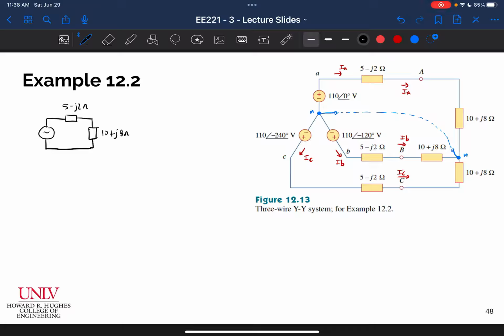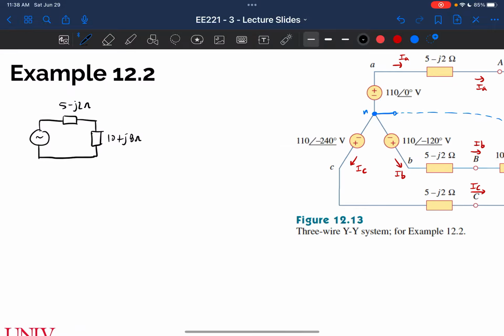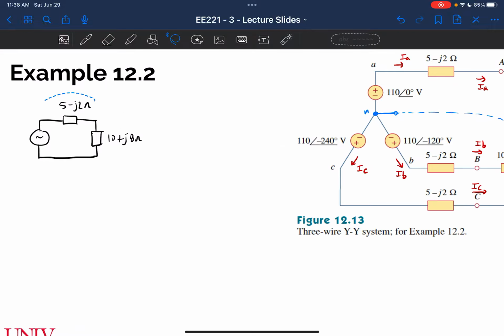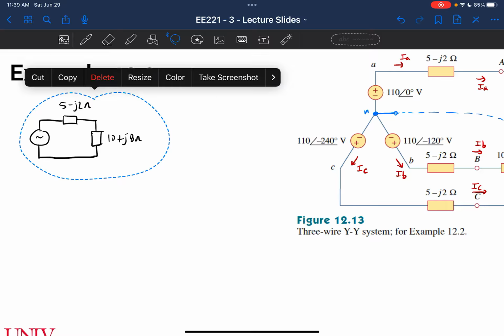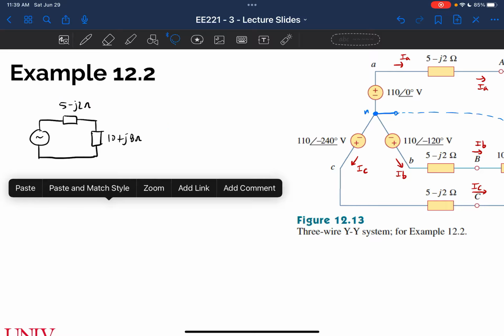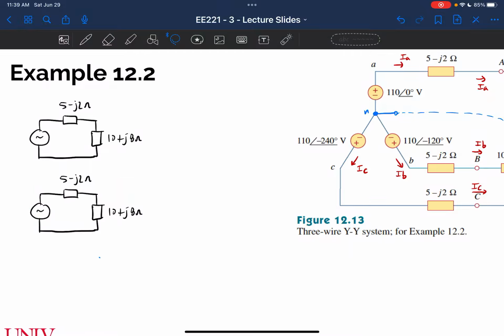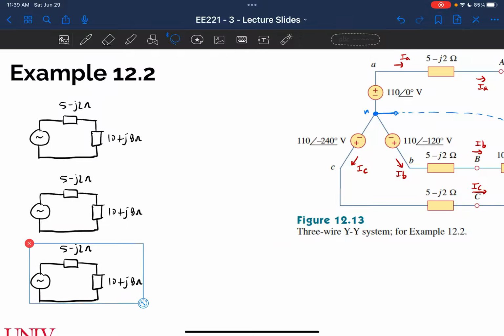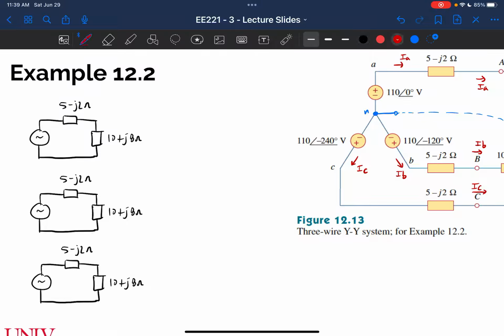Then this voltage source here is my VAN, but let me make a couple copies of this first so that we can create all 3 phases. Not that we need to do this. We could just analyze a single phase and then phase shift our answer, and we'll see that. But this is going to be IA, this is going to be IB, this is going to be IC.